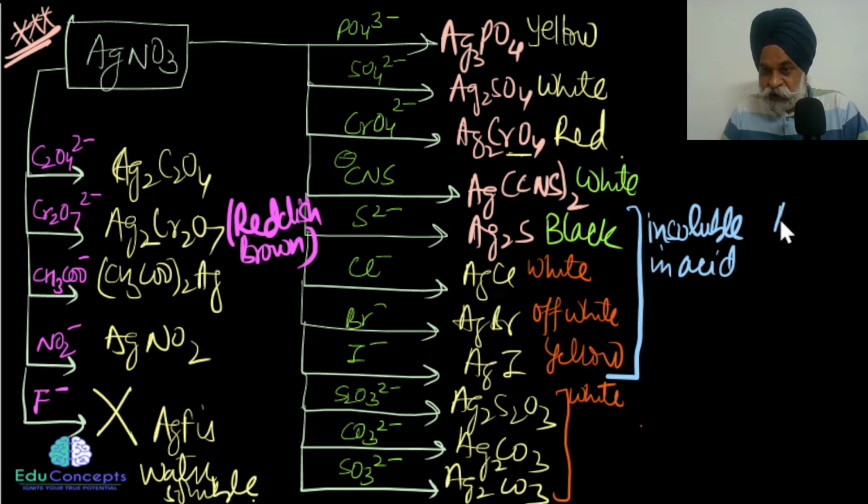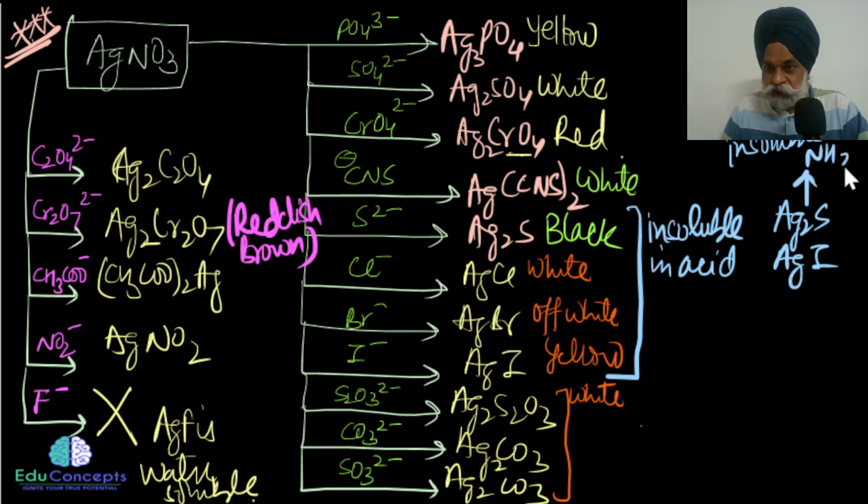And as a matter of fact, Ag2S and AgI are insoluble in ammonia as well. This also is very important. You always keep it in mind. Whereas these three halides, chloride, bromide, iodide, are insoluble in acid but soluble in hypo, that is sodium thiosulfate.